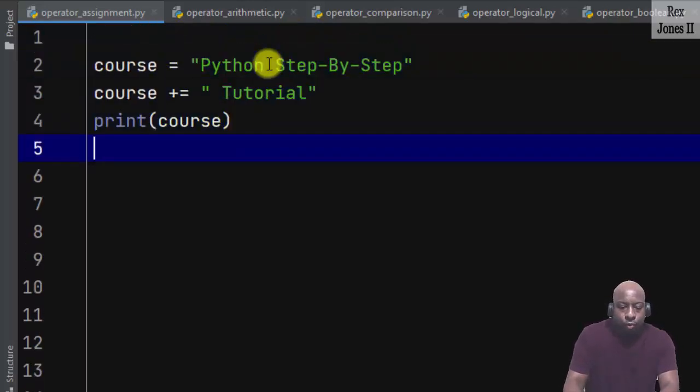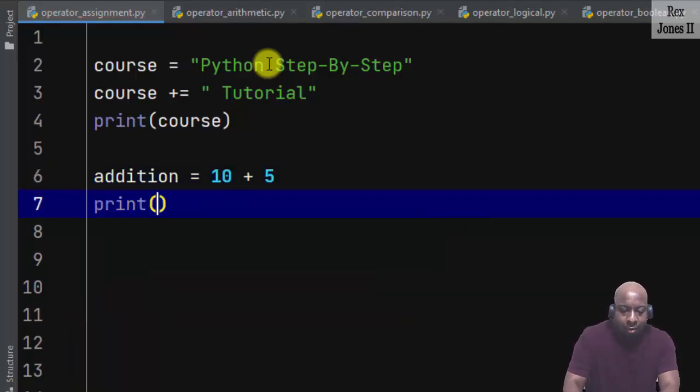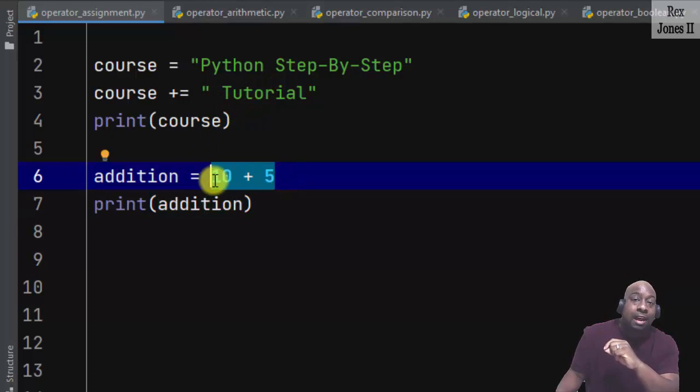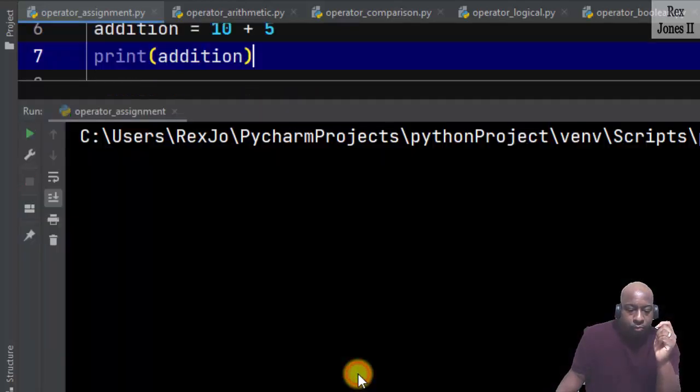Now, we can write for addition, let's say 10 plus 5. We can write the print statement for addition. The interpreter will add 10 plus 5, which is 15, then assign 15 to the addition variable. Let's run.